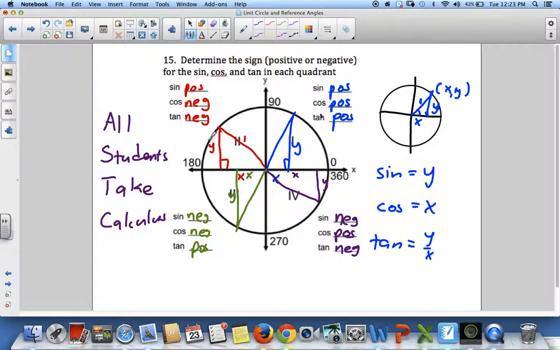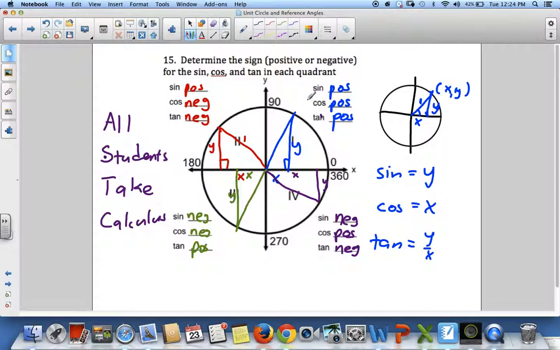In quadrant 2, that's this one here, S, or sine, is positive, and the other two are negative. In quadrant 3, T, or tangent, is positive, and the other two are negative. In quadrant 4, C, or cosine, is positive and the other two are negative. So that helps us a little bit to know whether they're positive or negative.